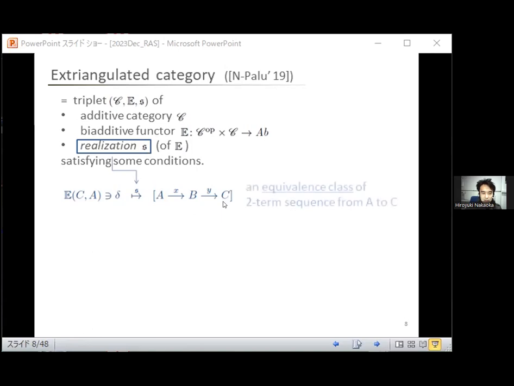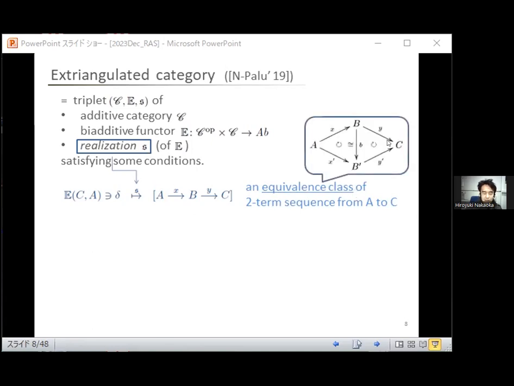More precisely, it is an equivalence class of two-term sequences starting from A and ending in C. Here, the equivalence relation is given like this, namely, two sequences x, y and x prime, y prime are equivalent if there is some isomorphism in the middle. We denote its equivalence class by taking brackets like this.